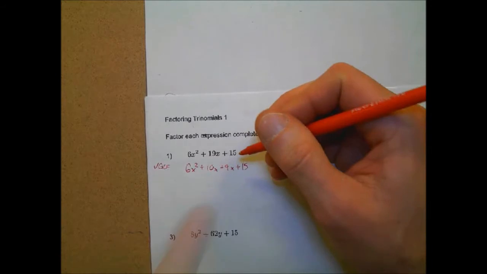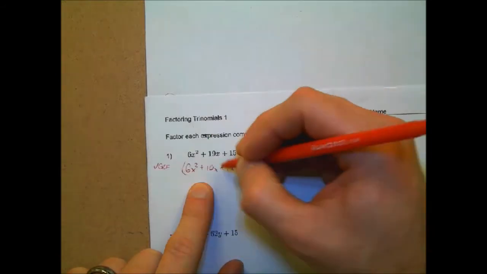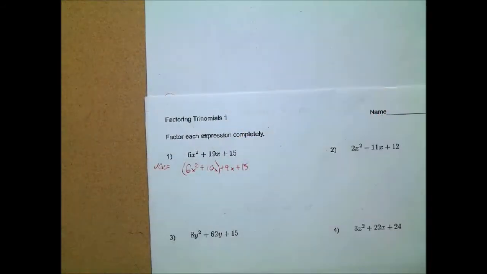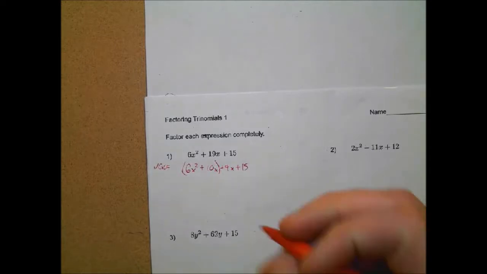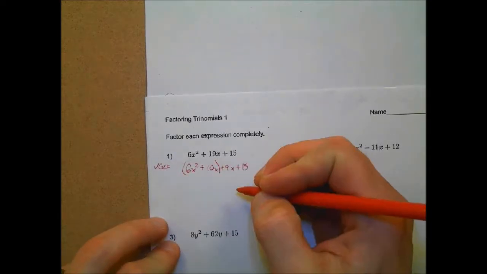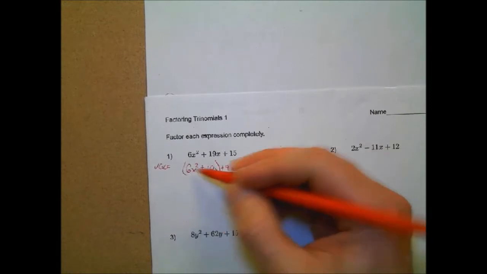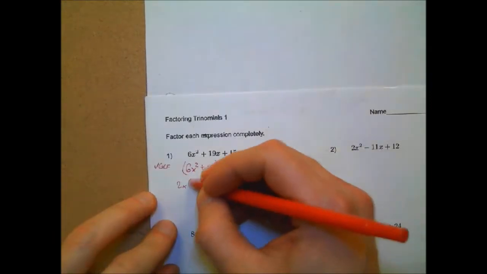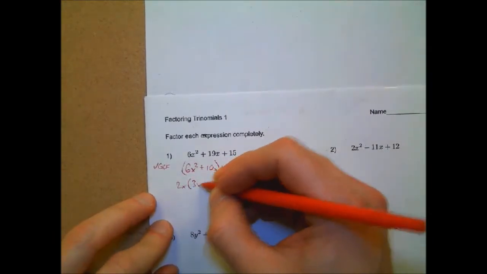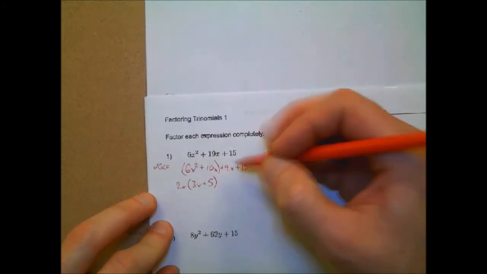So let's take a look here. Now that Liv broke this up this way, let's group them. Those first two terms, is there a GCF that we can factor out? Yes, what can we factor out from these two terms? A 2, right? They both are divisible by 2, and an x. So we'll do 2x, and that leaves behind a 3x plus 5. And then what can we factor out from here?